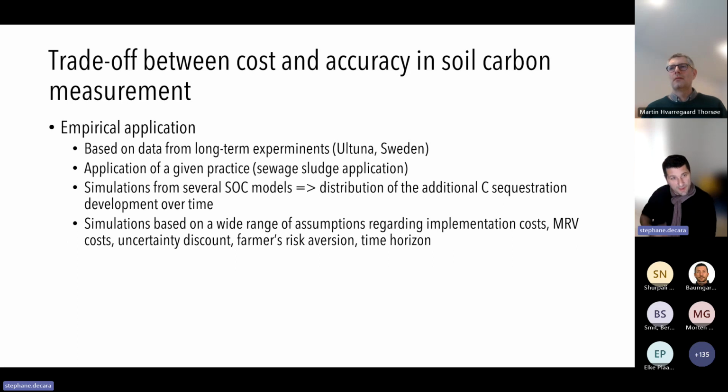And this is complemented with an empirical application that we based on data from long-term experiments in Ultuna, Sweden, in this case, with a given practice.